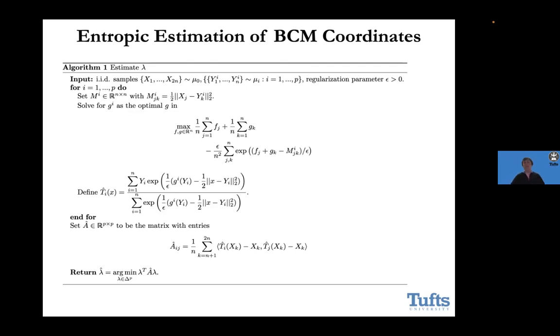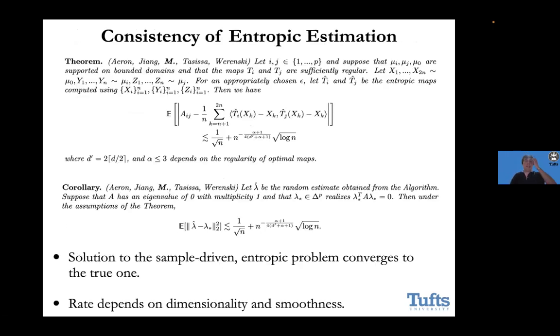So we're doing the obvious statistical thing here. The only wrinkle is we're adding entropic regularization in order to make this run faster. And the point is that it's consistent. So the main theorem here says that for each entry of the matrix A, this procedure is consistent, right?